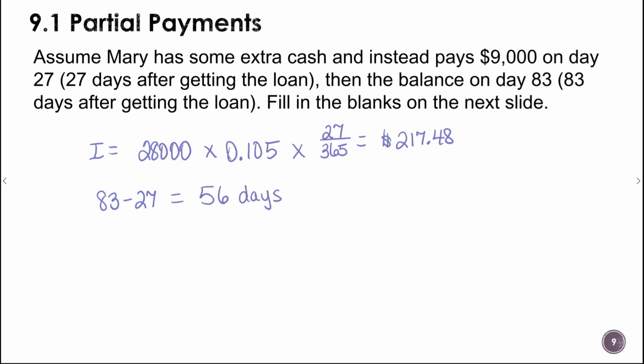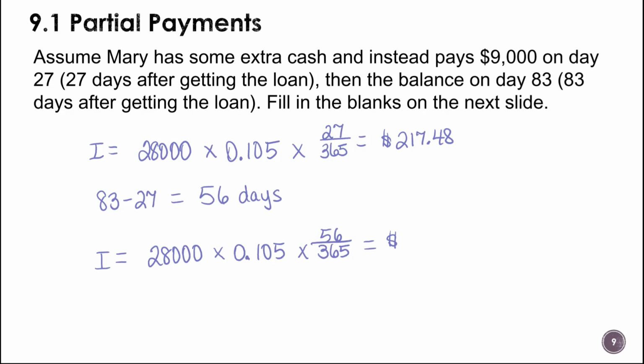So my second calculation will be for 56 days, because how much interest did you pay starting on day 28 through day 83, and that's for 56 days. So I equals $28,000 times 0.105, and then it's 56 over 365. So the interest for 56 days, which, let's see, that's a little more than double the number of days from before.